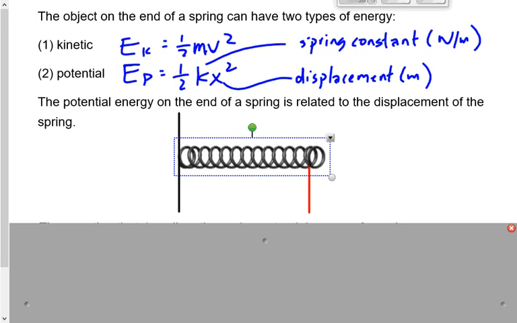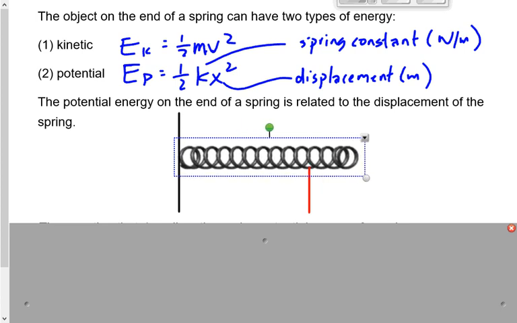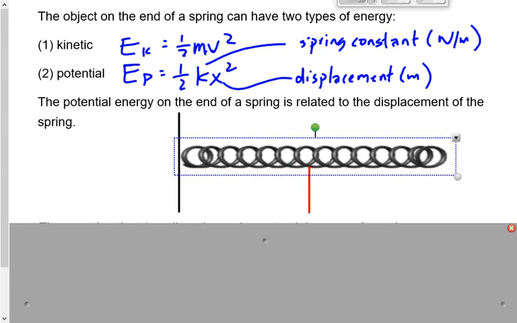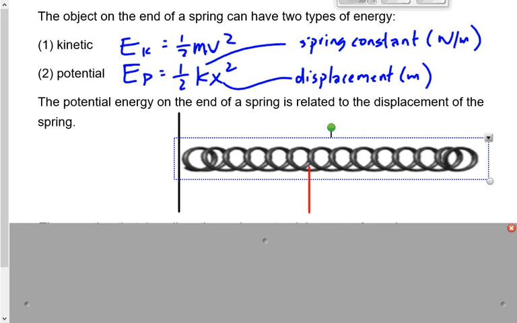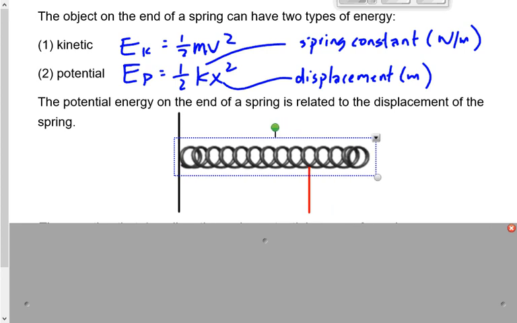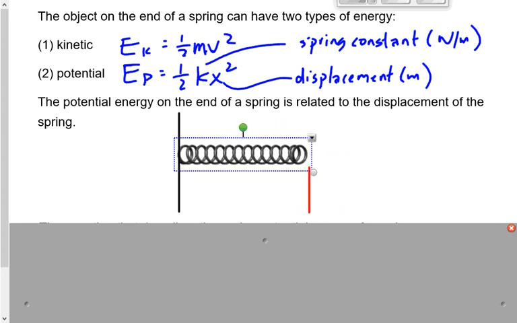Sorry, get this going here. All right, so I pull it out, force is bigger, the potential energy is bigger. If I pull it out, the force is even bigger, but now the potential energy is way bigger. I pull it out a little bit more, the force is bigger. The potential energy is way bigger at this point. Now, because the potential energy is so big, when I let it go, it starts gaining a lot of speed. It goes back here, speeds up, gets to this point where it's not stretched at all, x is 0.